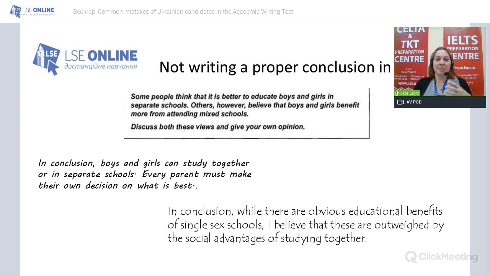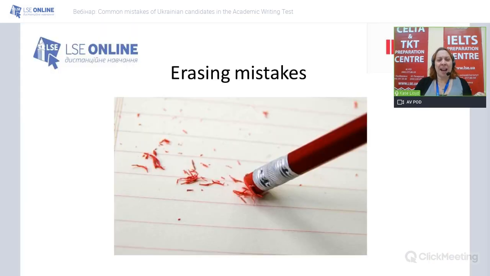Now, the next mistake that students make is a small one, but it can cause big problems. And that is using an eraser if you have a pencil. If you're doing the computer-based test, I guess this won't be as big a problem anymore.